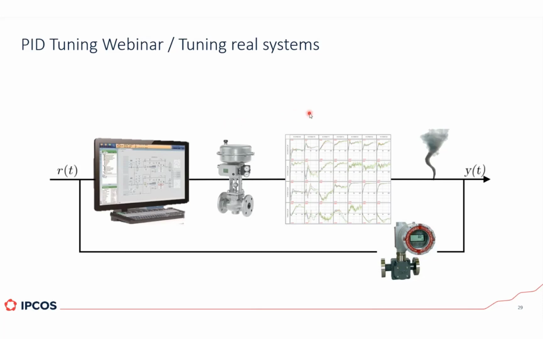The model is not monovariable anymore, but you have this multivariable effect: the loops will interact with each other. Once we tune one loop, that tuning will affect the other loops that are close to that one. And we also have disturbances, which can be measured or not, and they will change the operating region for our loops. So it's a bit more complicated than what we just saw.